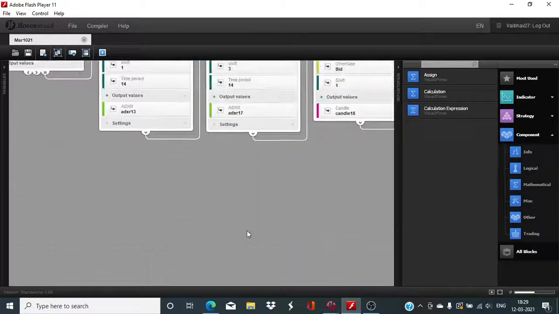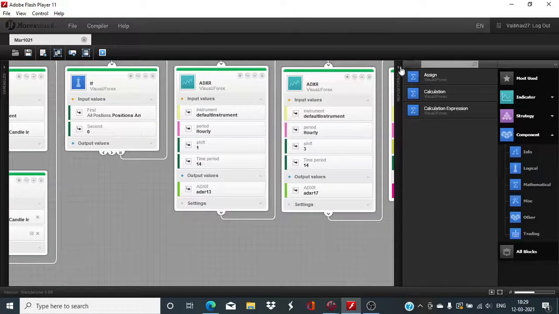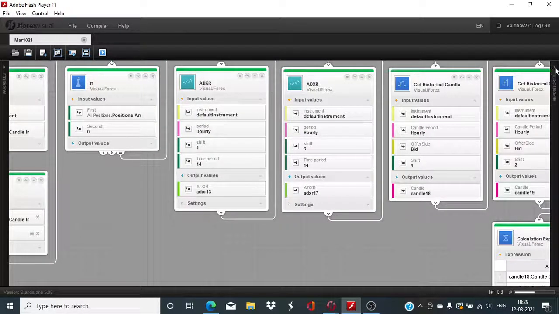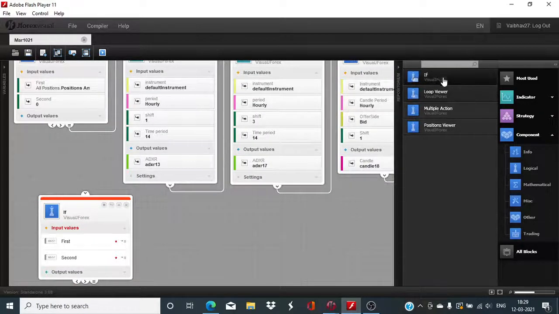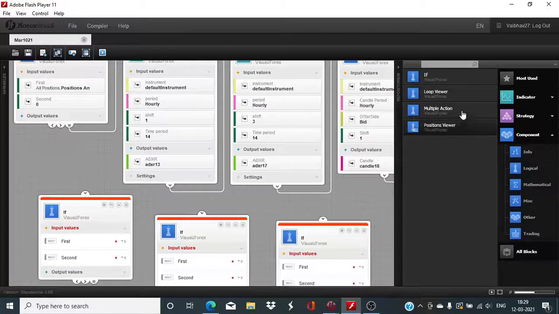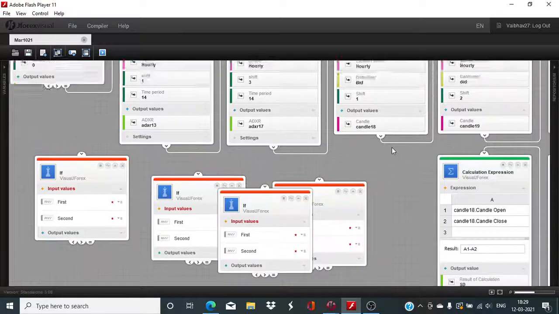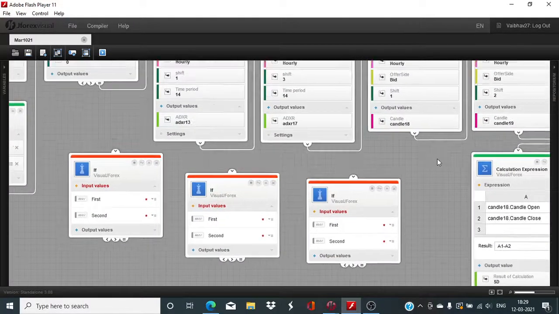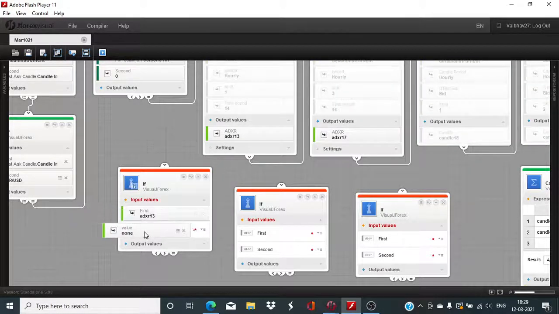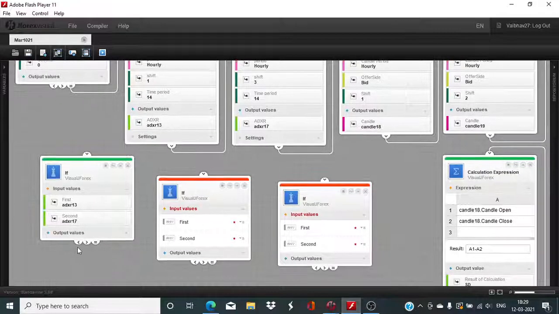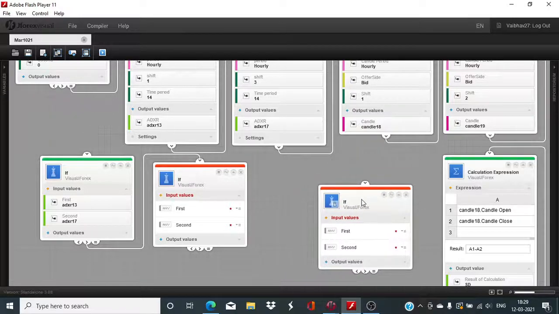Okay, so now I am going to take a couple of if blocks. Alright, we need ADXR values to be on the rise, so ADXR 13 needs to be greater than ADXR 17. That means momentum is on the rise.